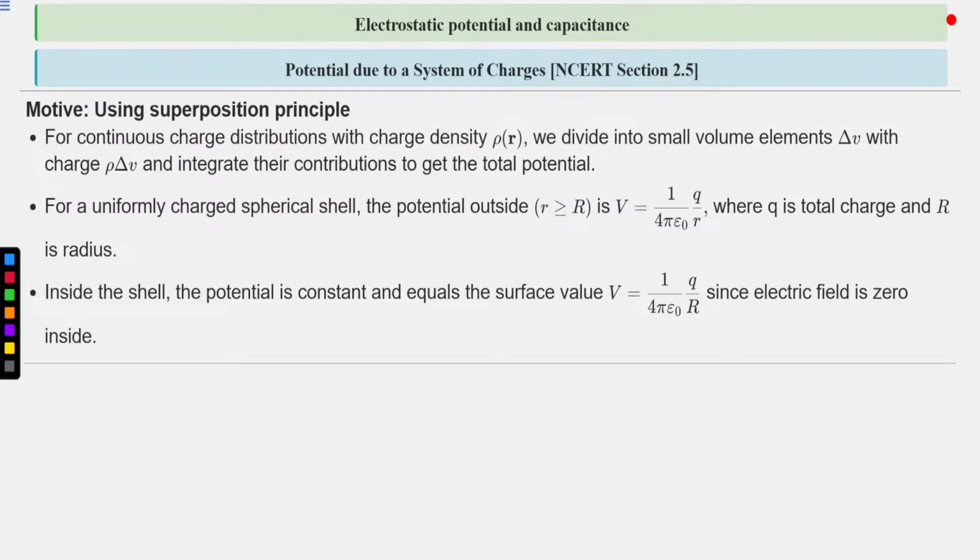Because the electric field is 0 inside the spherical shell. We also know that in gravitation, the gravitational field intensity inside a spherical shell was 0. Similarly, the electric field inside the shell is also 0, and potential is constant everywhere inside the spherical shell.